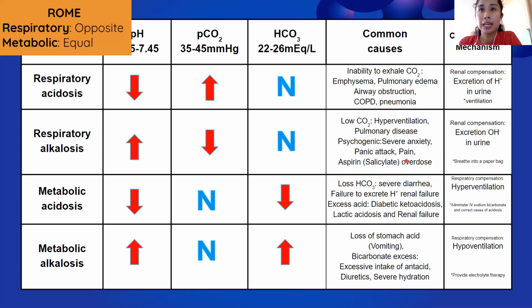But class, if someone takes excess aspirin, like those who commit suicide using aspirin, your aspirin attacks the respiratory centers of your brain. It will stimulate the respiratory centers in your brain, wherein it will promote respiratory alkalosis. So you hyperventilate, they panic, and so on. So one way is to breathe into a paper bag.